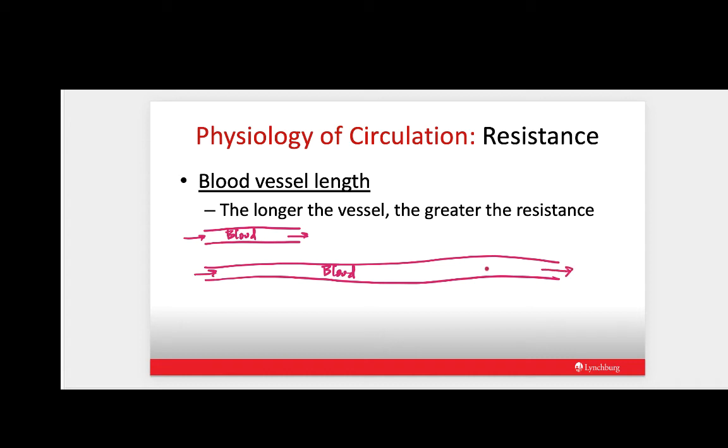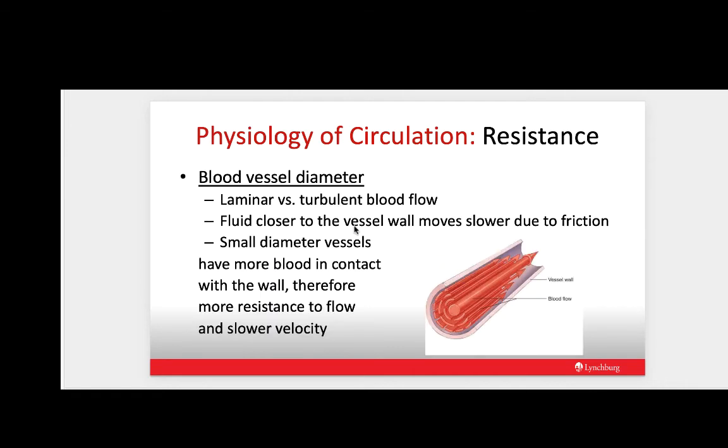So the longer the blood vessel, the more resistance that blood inside the vessel is meeting and trying to overcome against the walls inside the blood vessel. Okay, so the longer the vessel, the greater the resistance. This vessel here would have increased resistance. This vessel, relatively speaking, would have decreased resistance. And then blood vessel diameter.